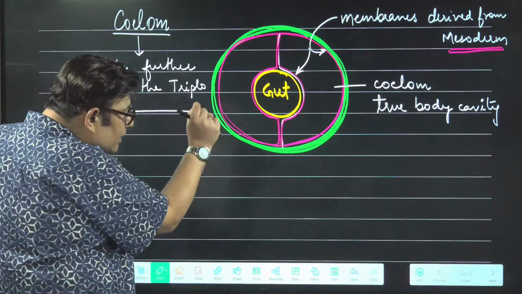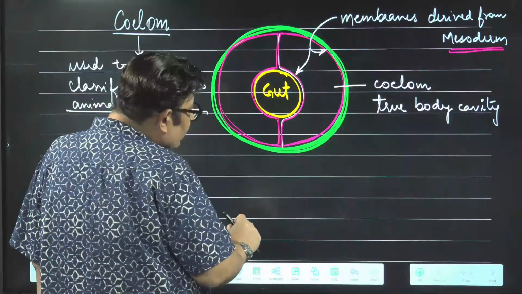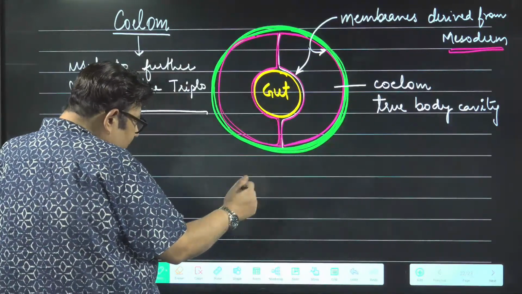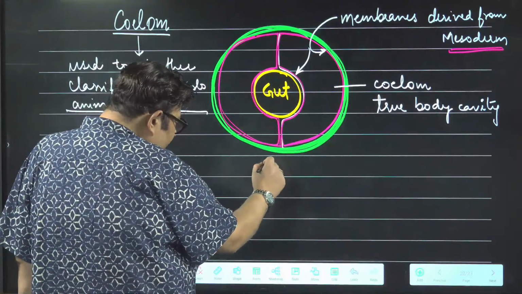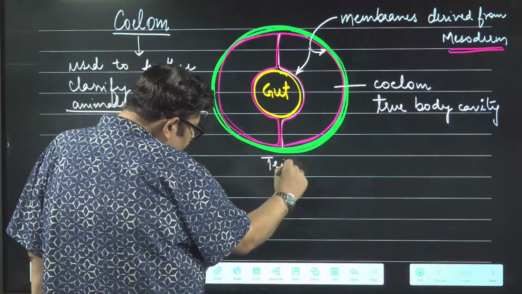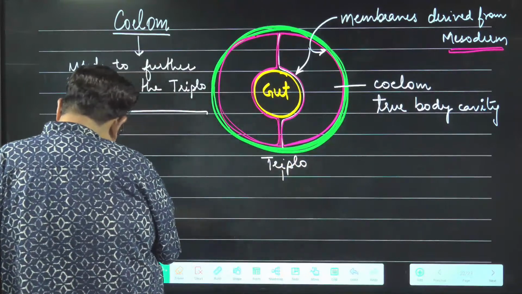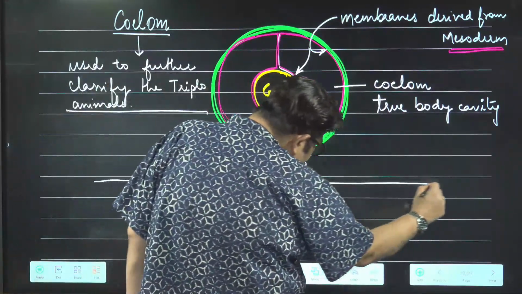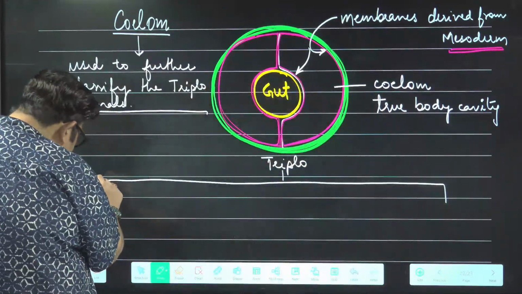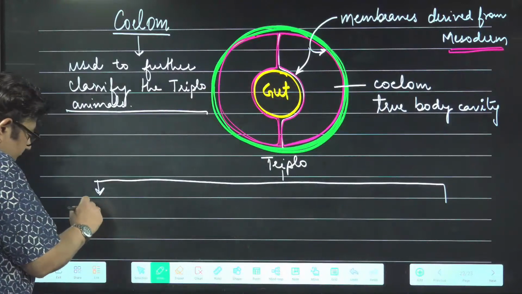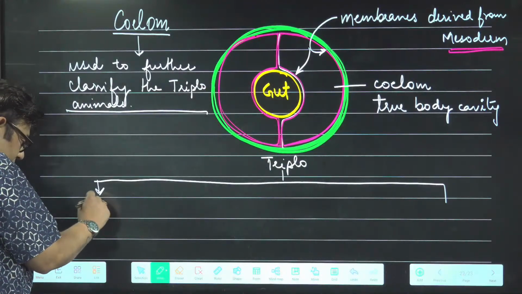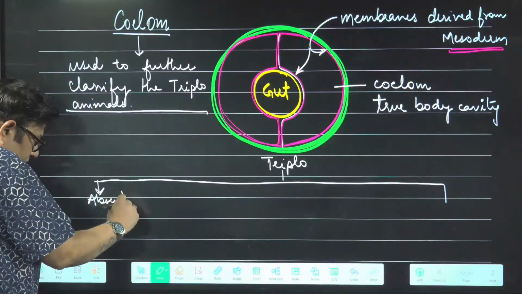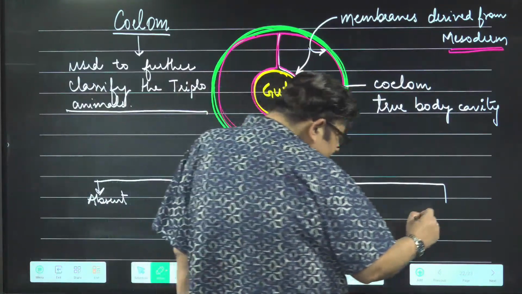So this particular cavity is called the coelom. Now let us understand the triploblastic animals. In triploblastic animals, they can have three possibilities. One possibility, coelom is absent. One possibility, a true coelom is present.